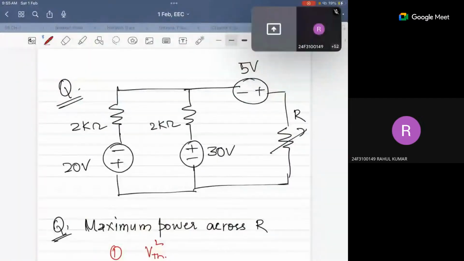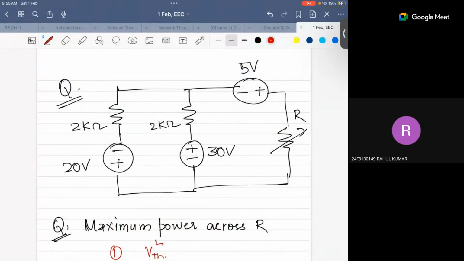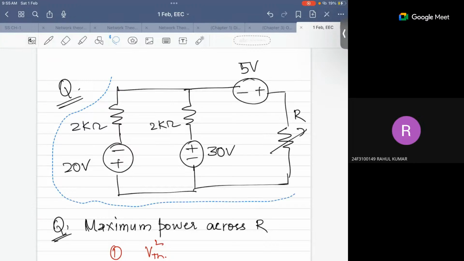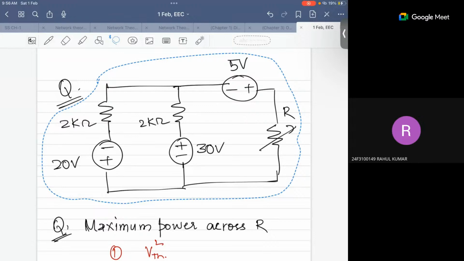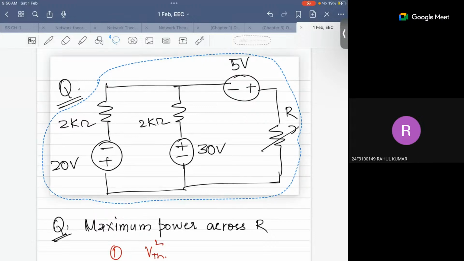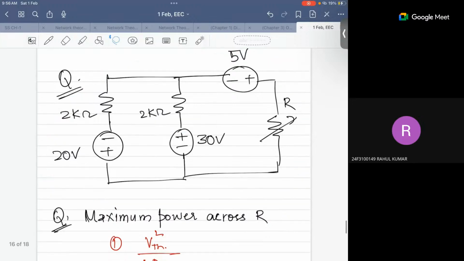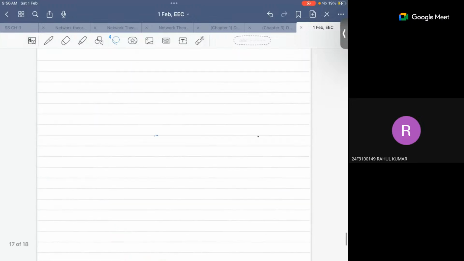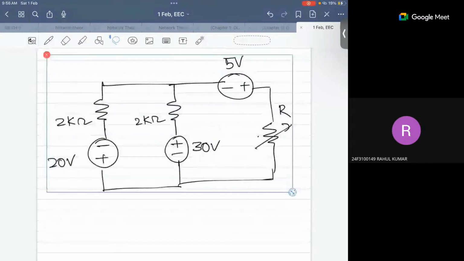So yeah. So now in this case, this is very simple. How will you calculate the RThevenin?